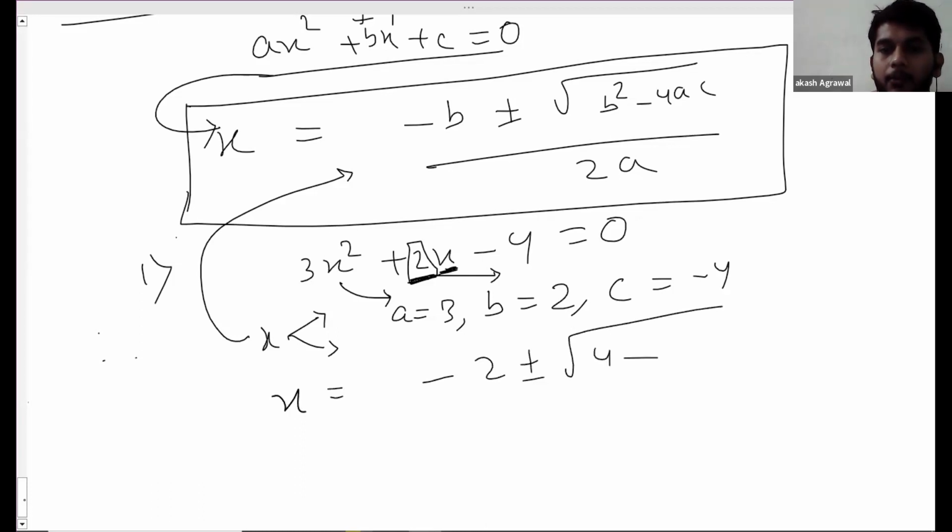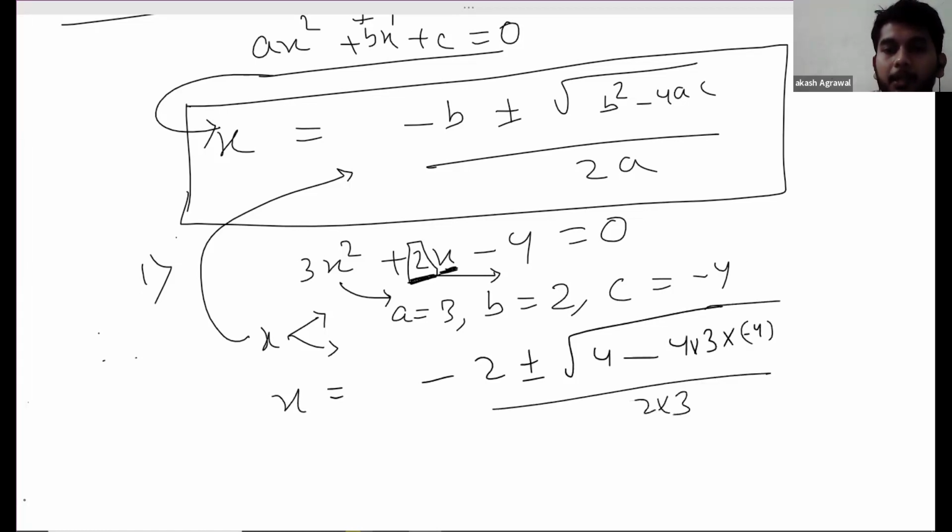B square is 4, minus 4, A is 3, C is minus 4, all divided by 2 into 3.